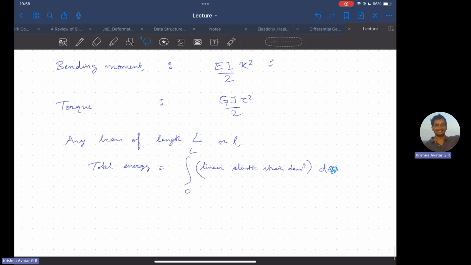I'm just introducing this S because this is what we are going to do later. We'll be looking at arc length coordinate and element along the arc length. So this is the very basic overview of what it would look like.